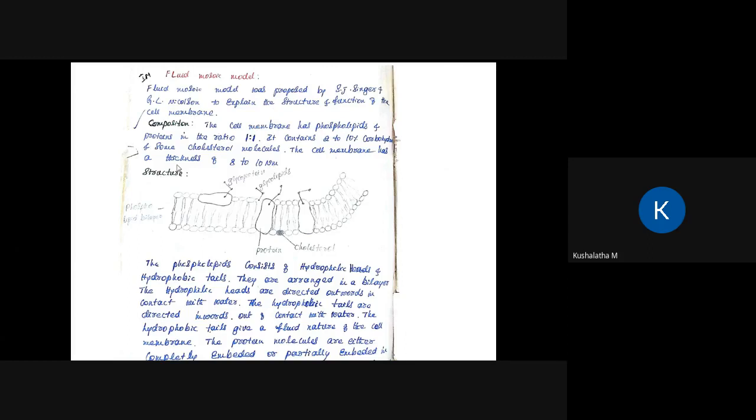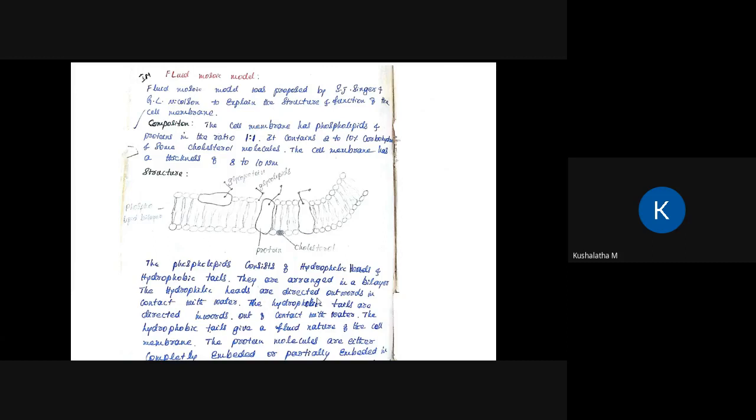Coming to the structure, this is the phospholipid molecule, which forms a phospholipid bilayer. In that, the head groups are towards the aqueous media and the tail groups are away from the aqueous media. The phospholipid consists of hydrophilic heads and hydrophobic tails arranged in a bilayer.